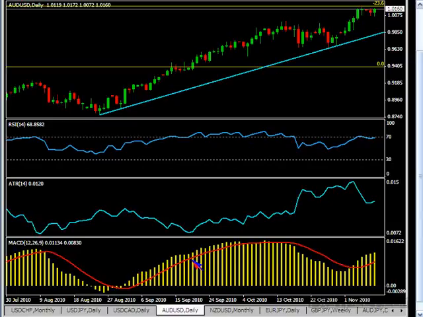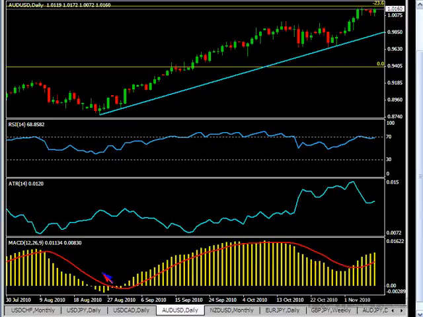I like to use the histogram bars, which are the yellow bars, and the histogram bars moving to the upside show us, hey, the short-term moving average, which is the 12 exponential moving average, is above the 26 exponential moving average, and it's moving away from it, and in fact, there is a trend. In other words, look for the histogram bars to make higher highs or lower lows in the same direction of the trend.